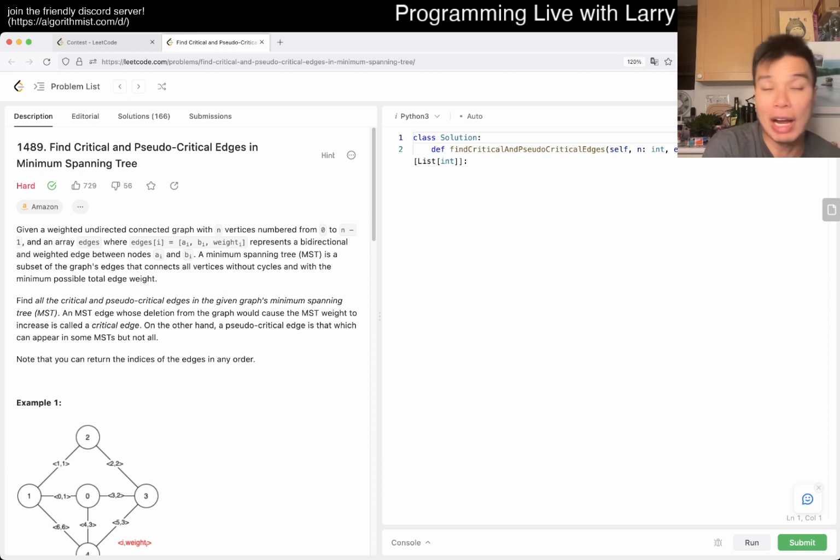I think the first thing I would try to do is rephrase the problem in a way that I can understand it. And to be honest, right now I'm not. MST, minimum spanning tree, is something that comes up a bit in algorithmic courses, but to be honest, it comes up here and there, not super often, even on Leetcode or in competitive programming.